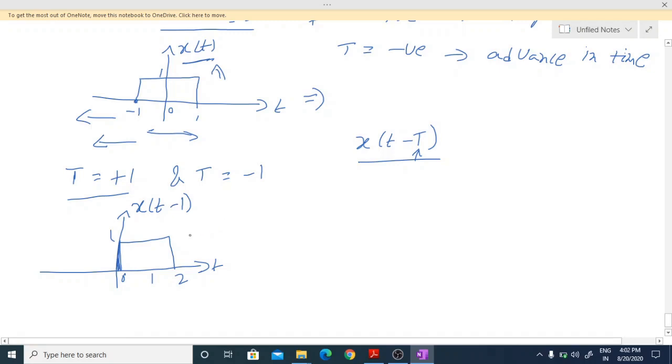So how can I draw? Here the capital T indicates how many positions we have to shift.